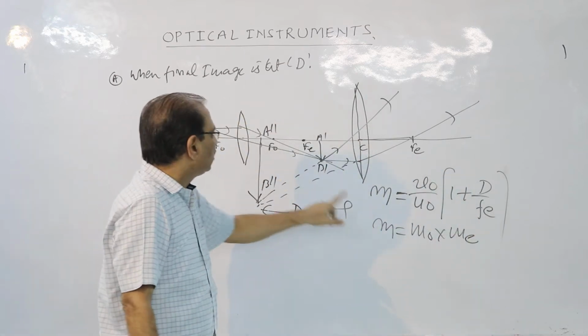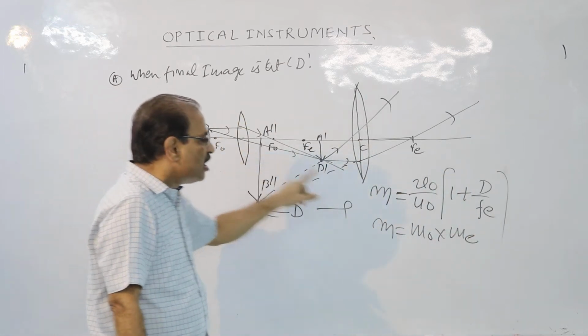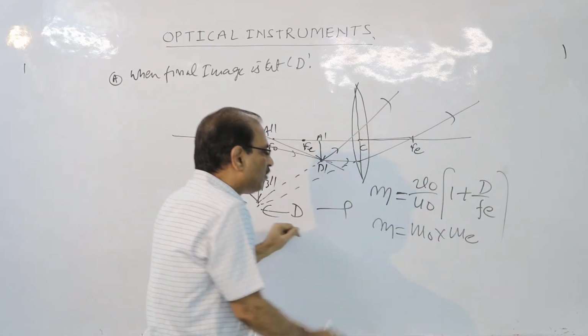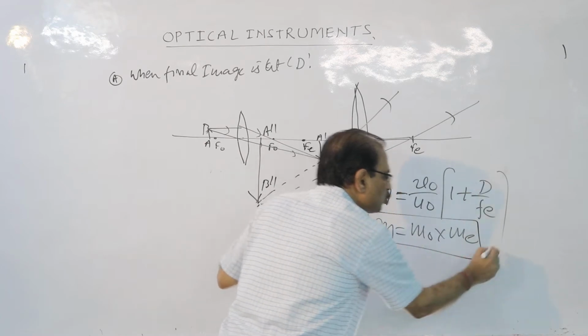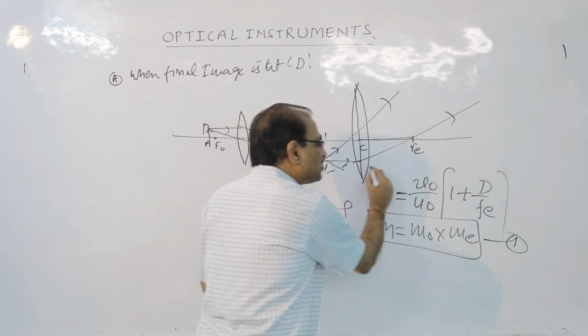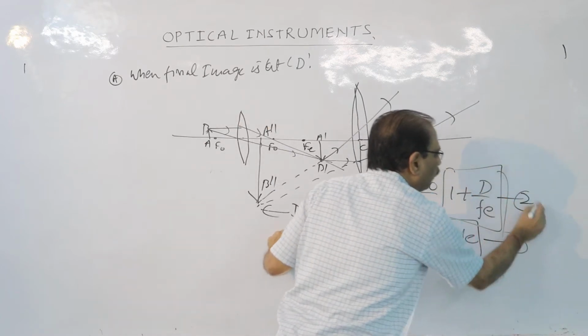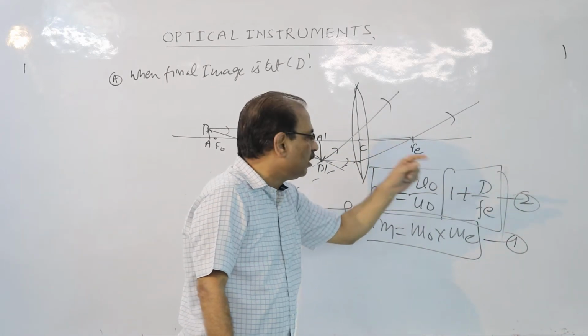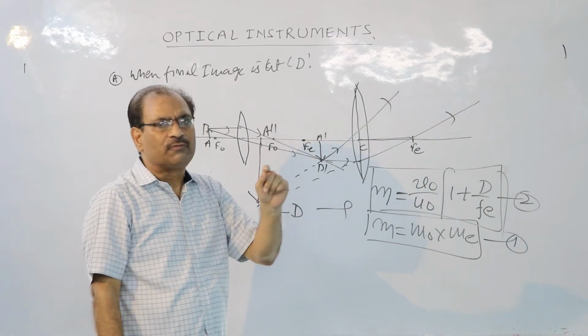What is MO? The magnification produced by the object lens. What is ME? The magnification produced by the eye lens. So in the first step we are supposed to prove this one, and the second step is this one. This is the formula for magnification. D is 25 centimeters, the least distance or minimum distance of distinct vision.